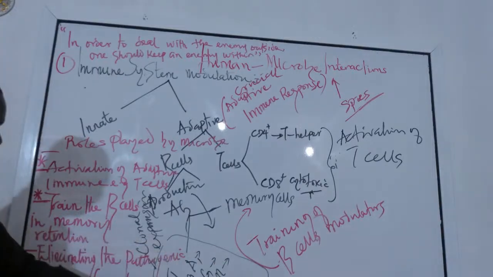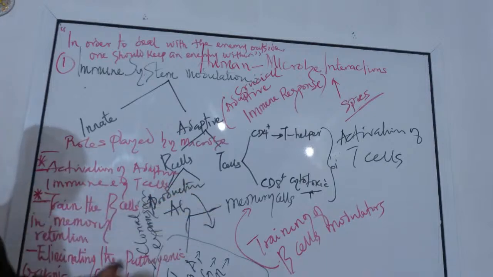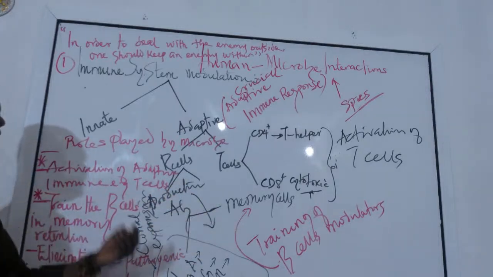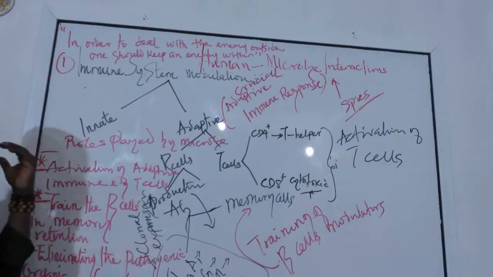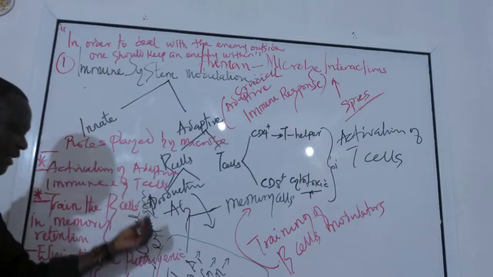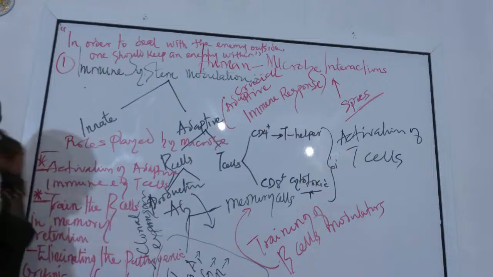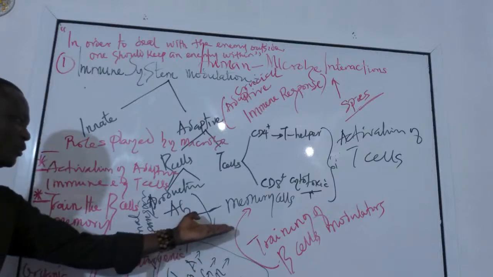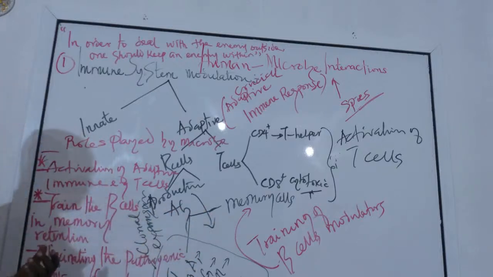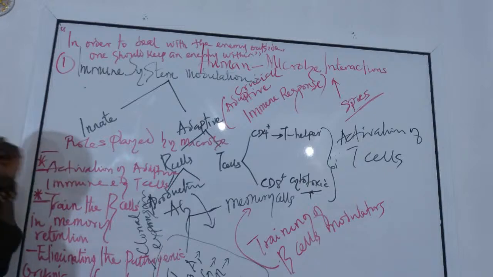After the production of this, the second arm of the B cell is going to help in retaining the memory of the intruder, so that in case of any other intrusion, they will be able to remember quickly that this was the signal of the first enemy.